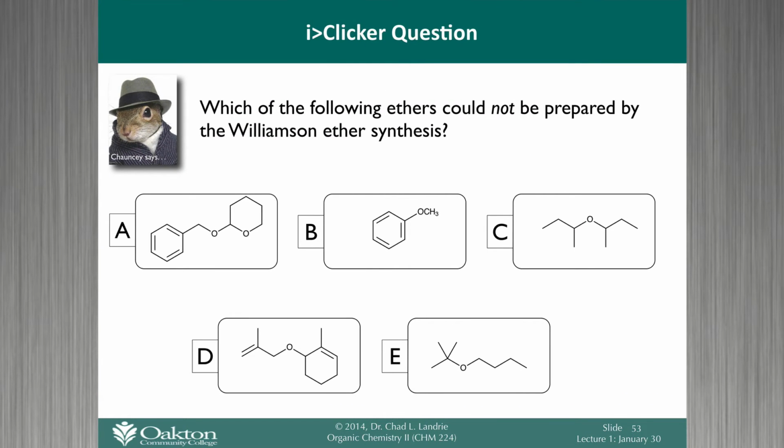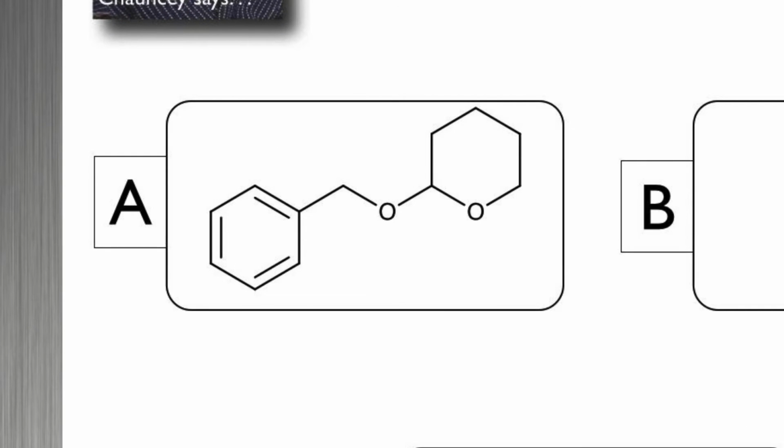So this question wants to know which of the following ethers could not be prepared by the Williamson ether synthesis. If I look at A, a logical disconnection, a retrosynthetic strategy, would be to make this bond right here.